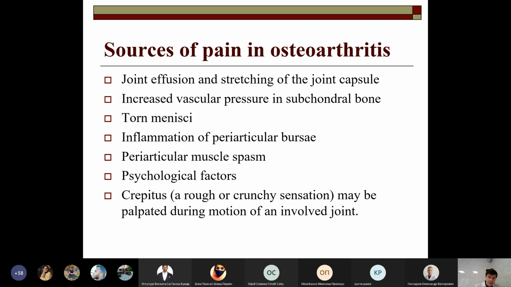What's more, inflammation in the periarticular bursa, especially when we are talking about the knee, is a main component of the pain of osteoarthritis. Inflammation in the periarticular bursa of the knee is difficult to identify manually at first.